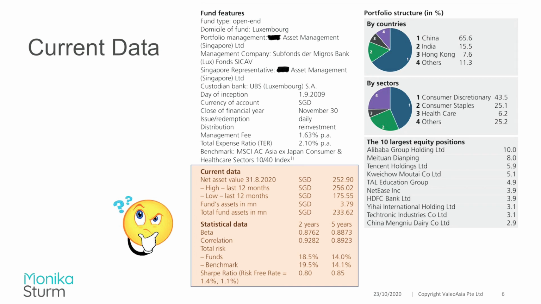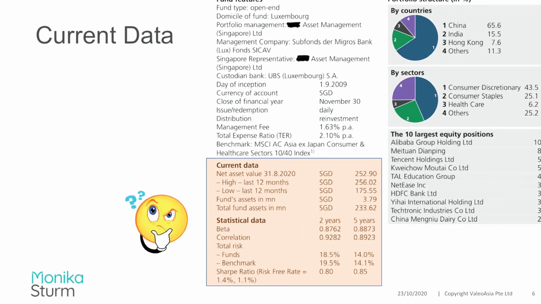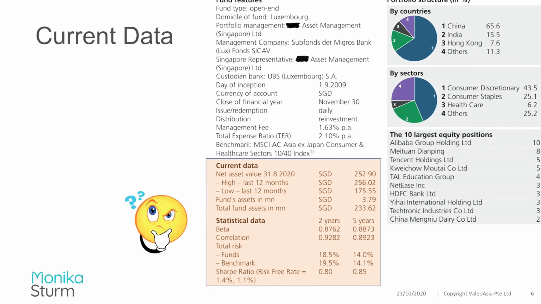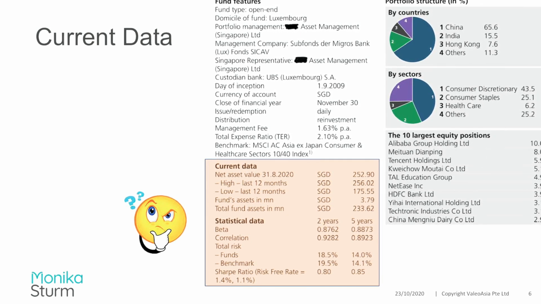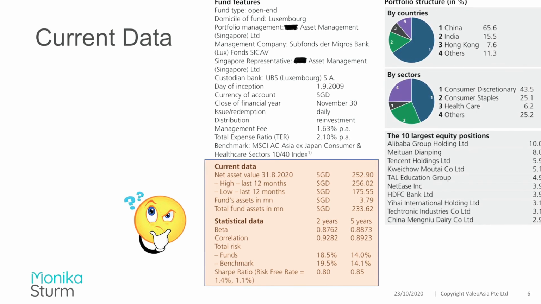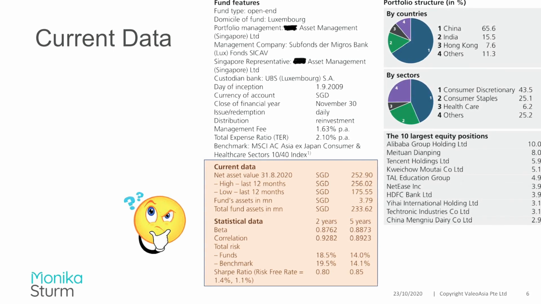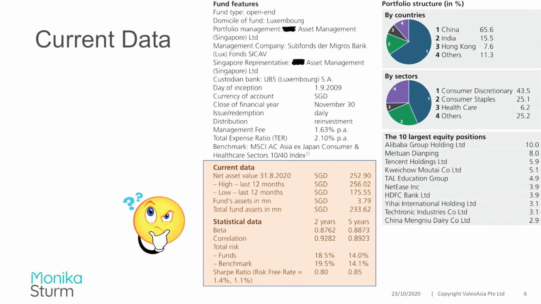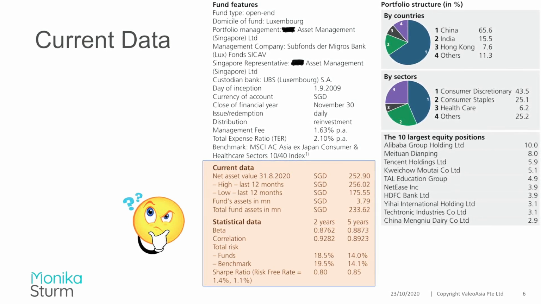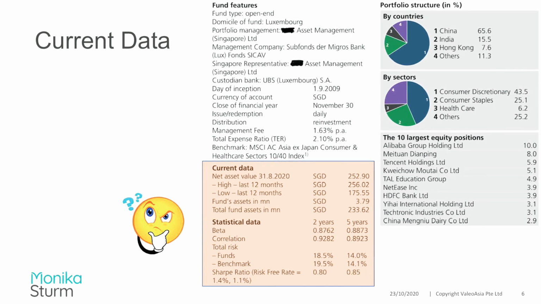So you could take the annualized return, minus the risk-free rate, and divide it by the volatility, and you get the Sharpe ratio. In our case, the ratio is 0.85 per annum on average over 5 years. If the ratio is between 0 and 1, like in our case, the fund has produced an outperformance.